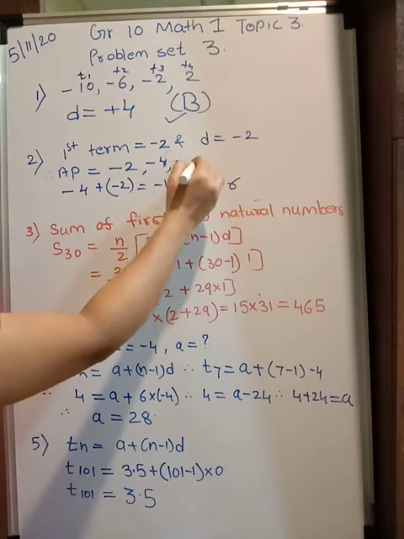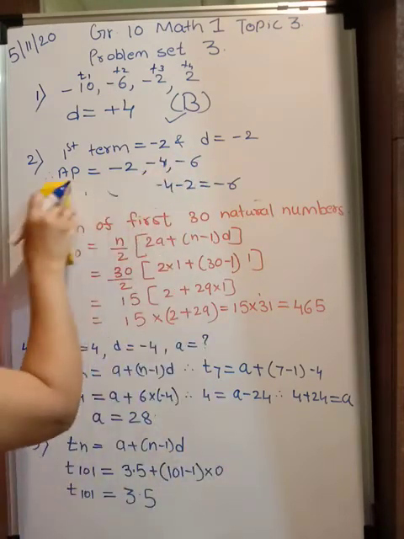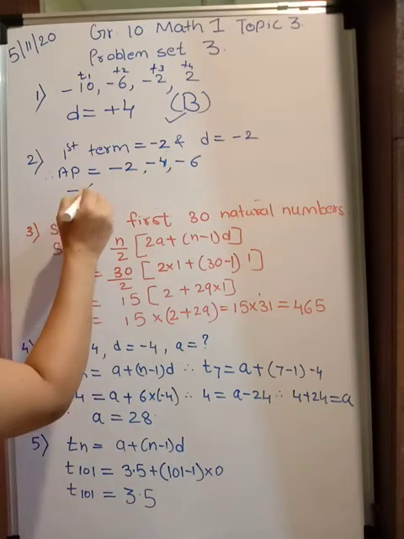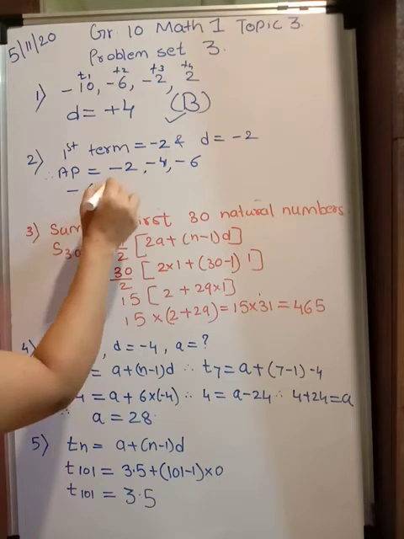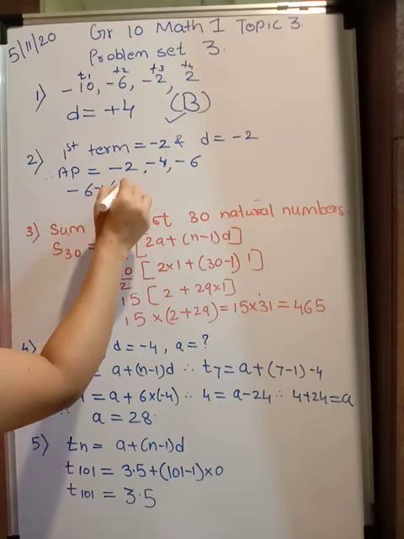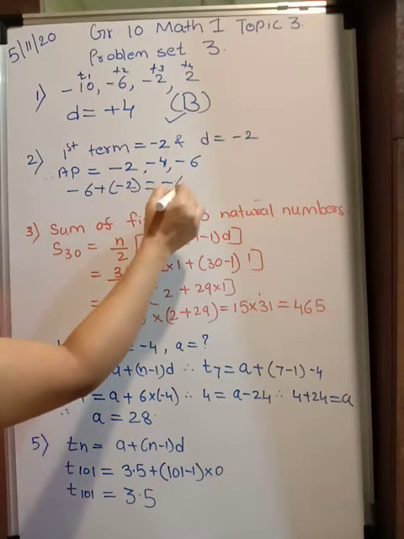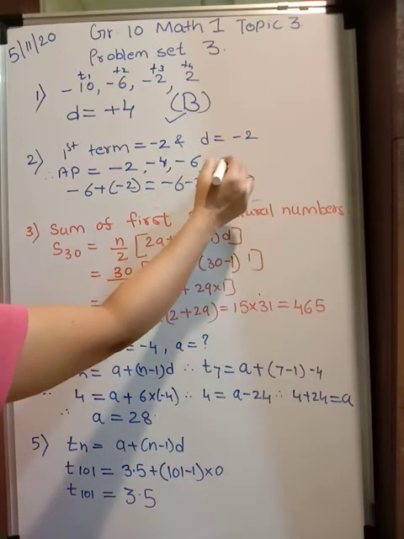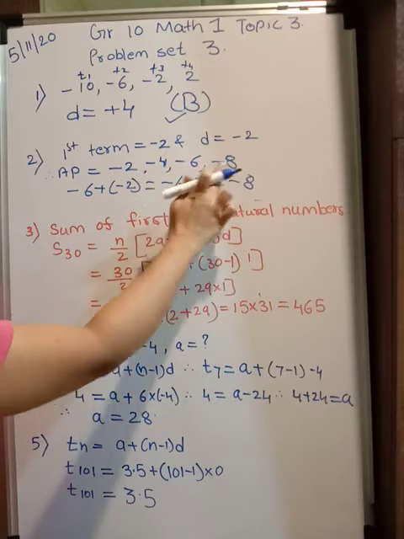So the third term will be -6. Now let us calculate the fourth term. Again to this you add the common difference: -6 plus -2, so -6 minus 2, which is equal to -8.